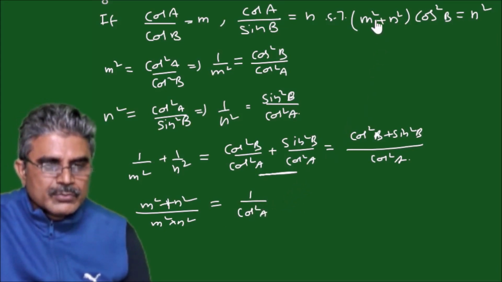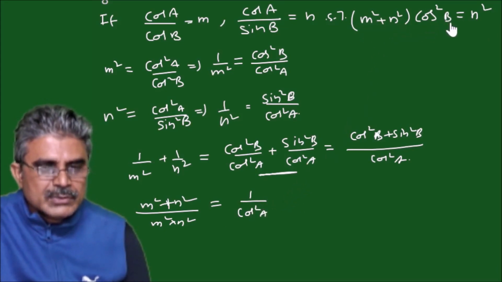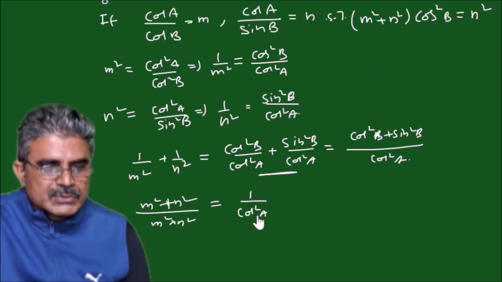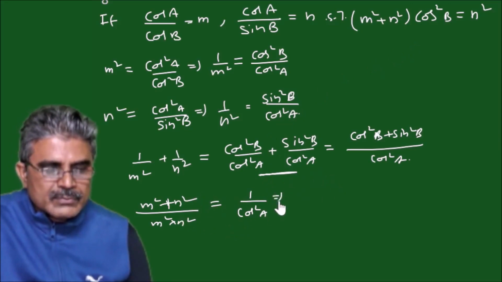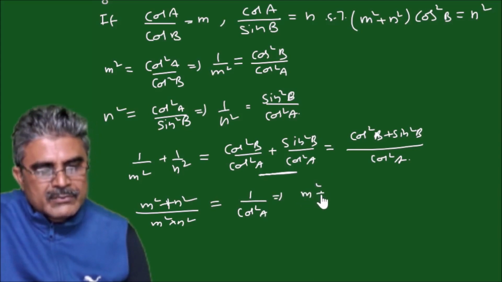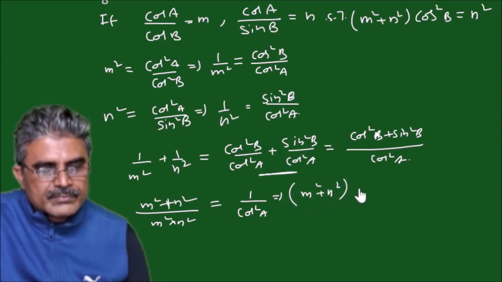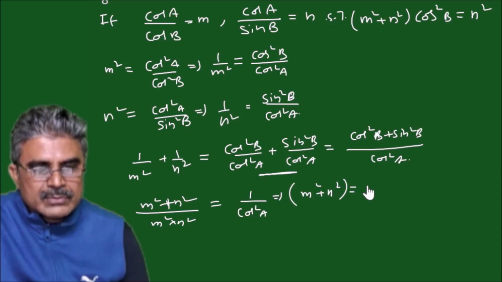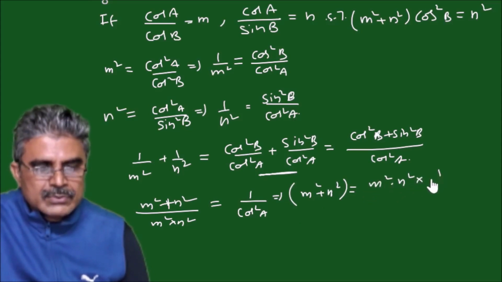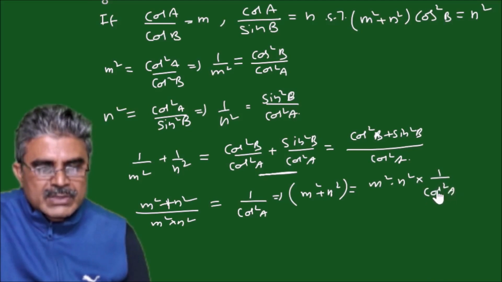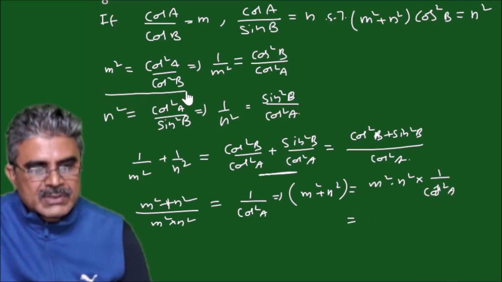But that is not what we need to prove. We need to prove m square plus n square into cos square b is equal to n square. So we don't have cos square b term in this. So if you reshuffle this formula, you will have m square plus n square, which should be equated to m square into n square into 1 by cos square a. So what is m square here?